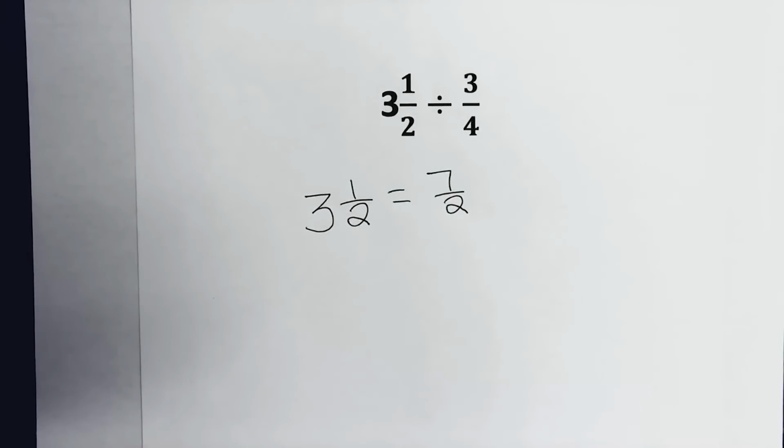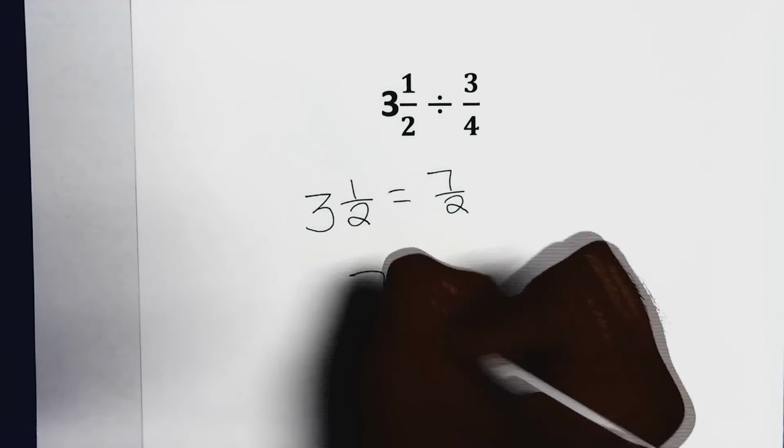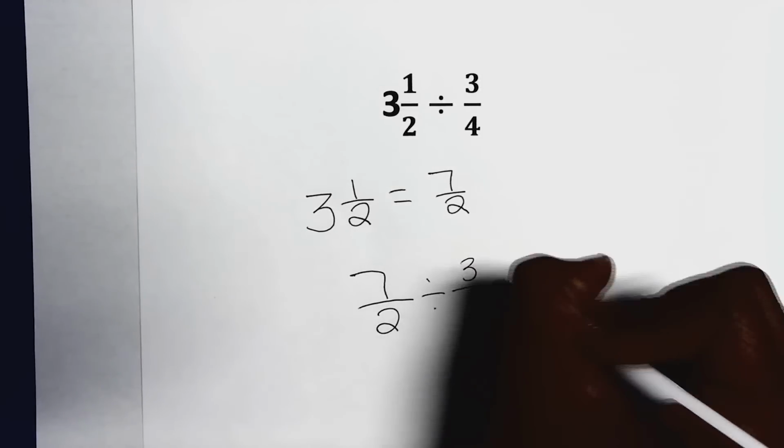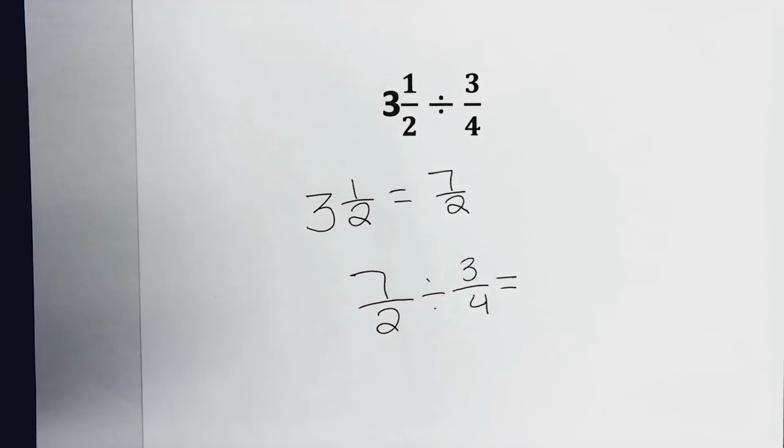We can use this now as our dividend. So I have 7 halves divided by 3/4 equals. What can we do now to get common denominators? I agree. Rewriting the dividend as an equivalent fraction with a new denominator will allow us to have the same units or denominators.